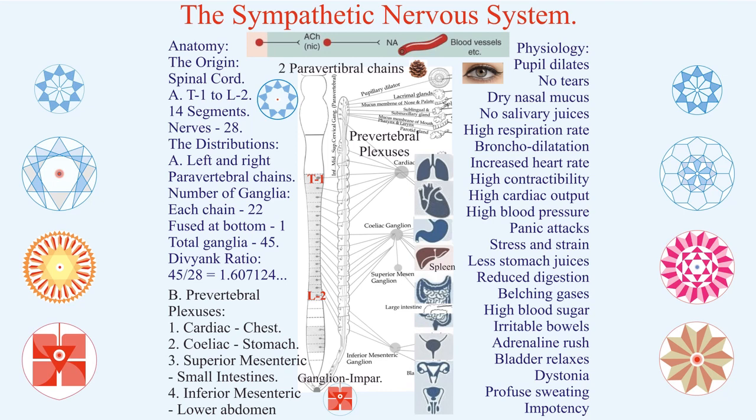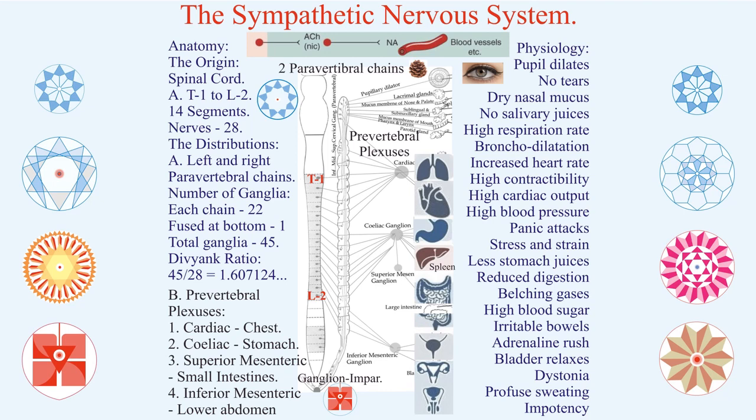These 14 segments from T1 to L2 are the only segments from which preganglion fibers of the sympathetic nervous system arise. In other words, you have 28 preganglion nerve fibers, 14 plus 14 on either side. What is interesting is the distribution.